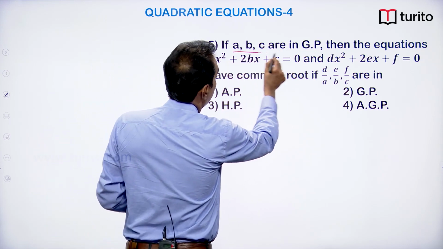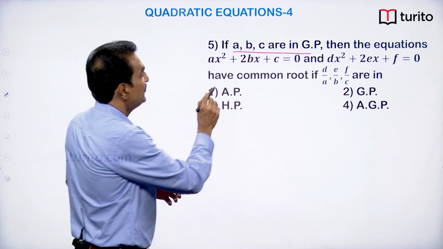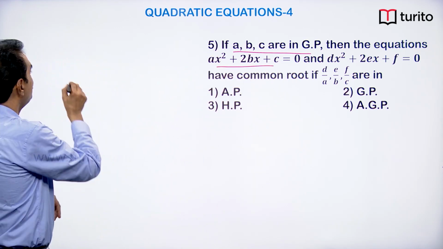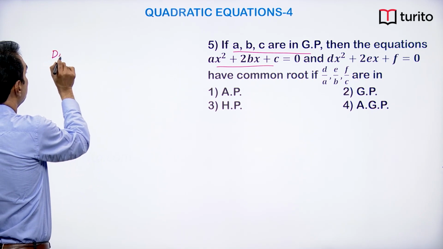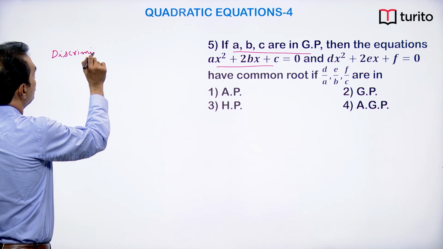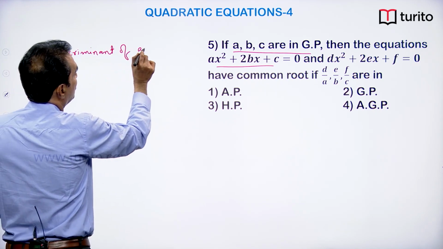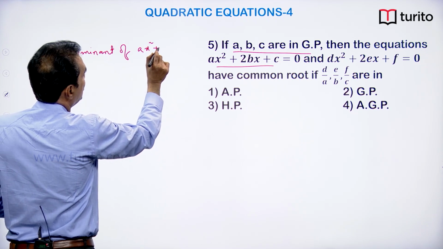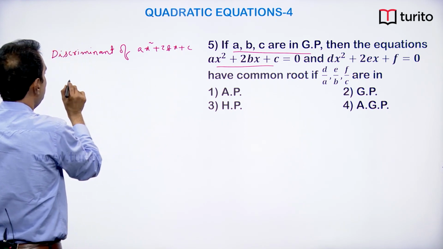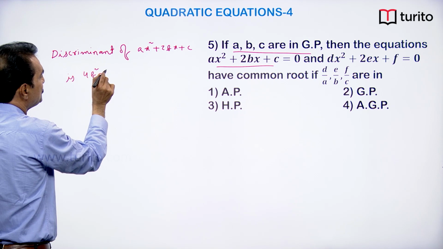But let us try in a different way. Given that a, b, c are in GP, what can you observe? In the first equation, what is the discriminant? Discriminant of ax square plus 2bx plus c is 4b square minus 4ac.